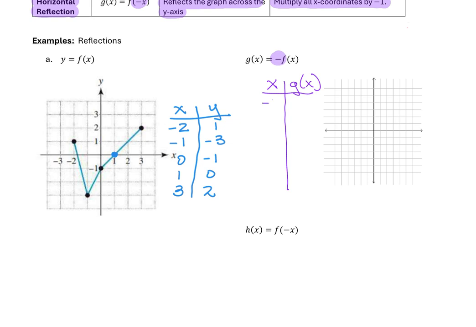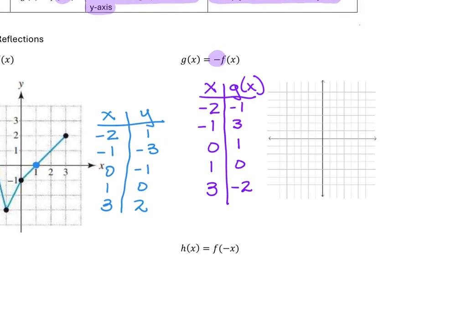My x values are going to stay the same, so we still have -2, -1, 0, 1, and 3. And we want to change the signs of the y values. So 1 becomes a -1, -3 becomes +3, -1 becomes +1, 0 stays 0, and 2 becomes negative 2.